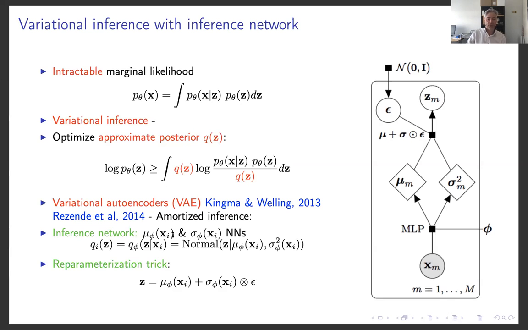And we can achieve that, for example, by saying that this variational distribution is a normal distribution, but then we learn a mean function and a variance, which we parameterize as a neural network that maps a point from the input space to a mean value and a variance in the latent space.